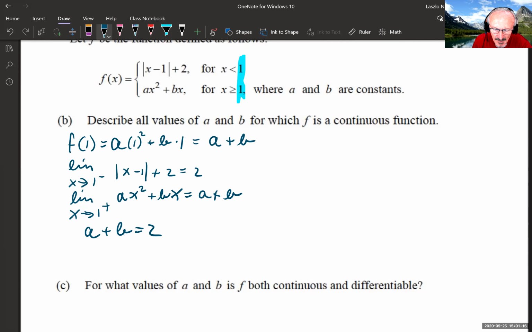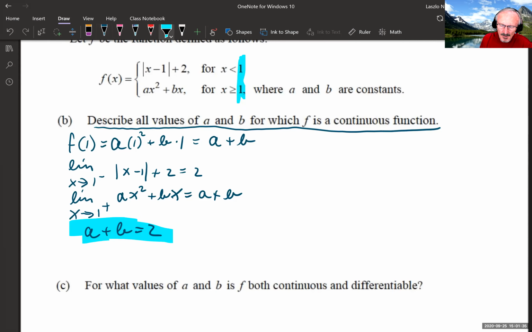And the instructions were describe all values of a and b for which f is a continuous function. We just did. A plus b must equal 2. You could write it as b equals 2 minus a, or a equals 2 minus b. I think we're happy, and we're going to leave our answer as is. Okay? That's the description. We have a clear relationship between a and b.